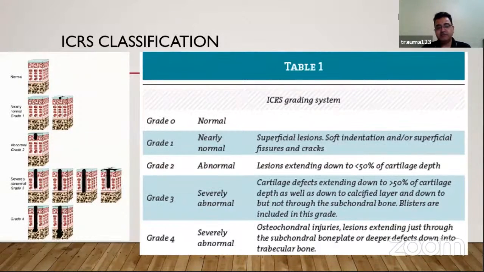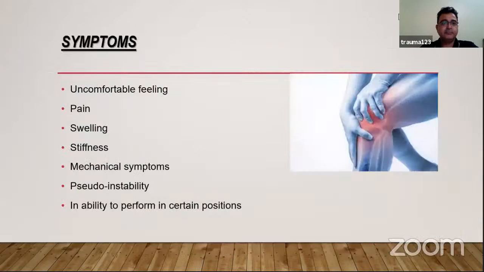This is the subset of the group which requires some sort of intervention. Symptoms associated with cartilage damage are an uncomfortable feeling, pain, on and off swelling, stiffness, mechanical symptoms, pseudo instability, and inability to perform in certain positions.